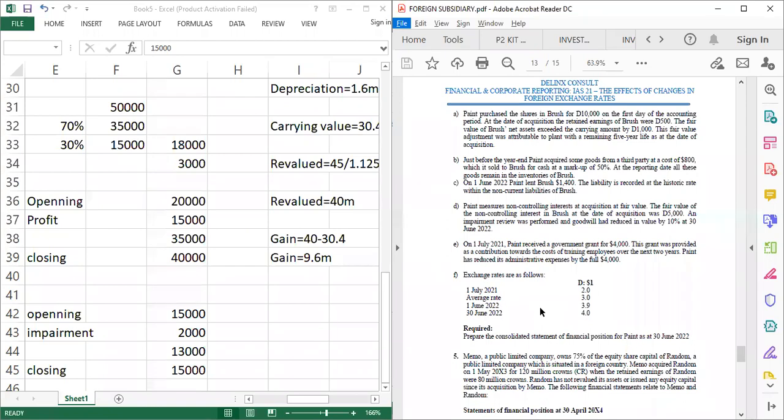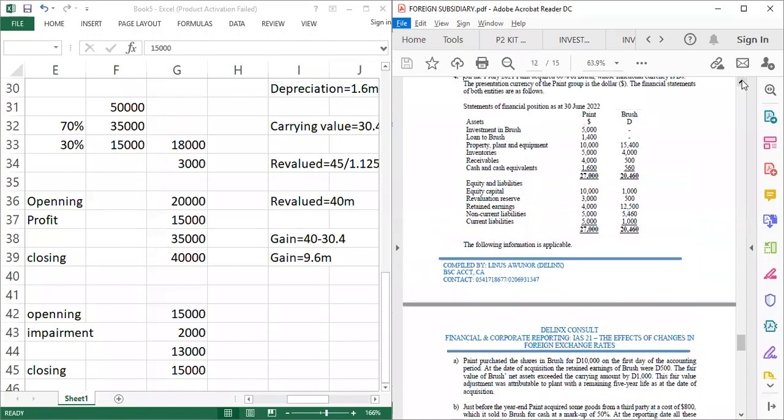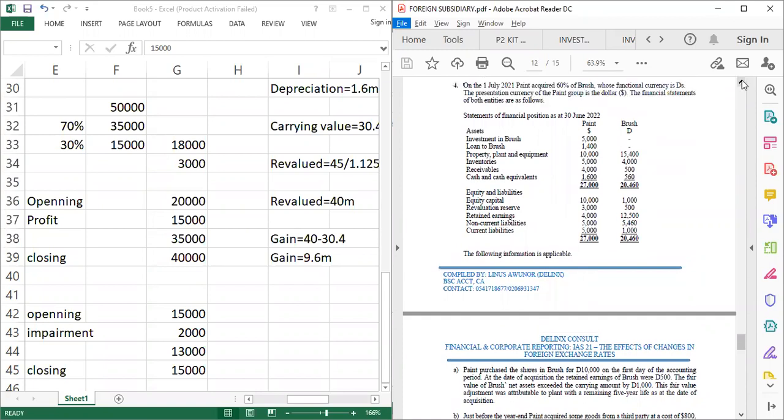So this is the question. Before you think about anything, go and put your uncompleted statement of financial position there.